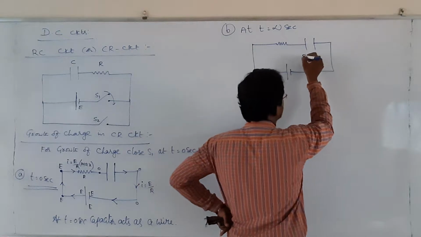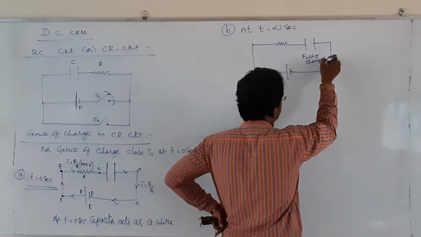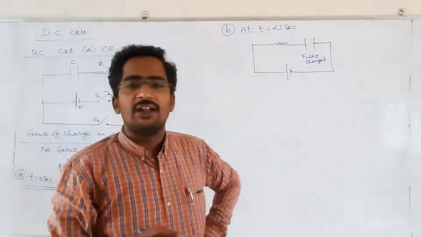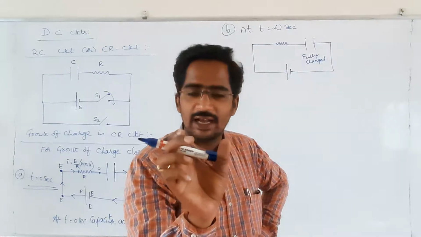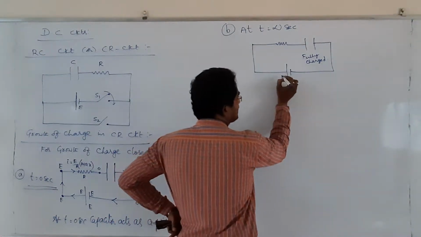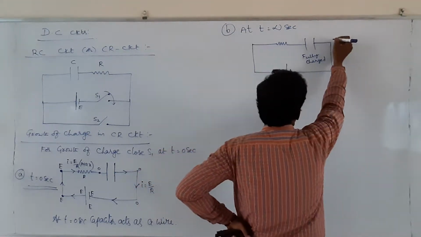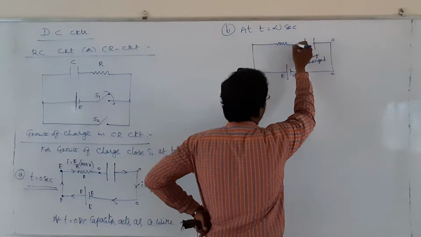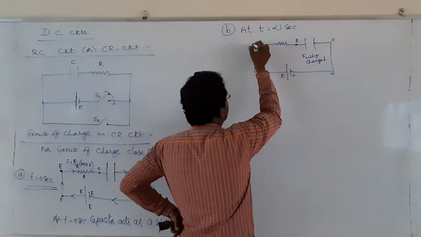Whenever the capacitor is fully charged, the potential difference across the capacitor equals the potential difference across the battery. If the potential is E here and 0 here, then what is the potential here? E.